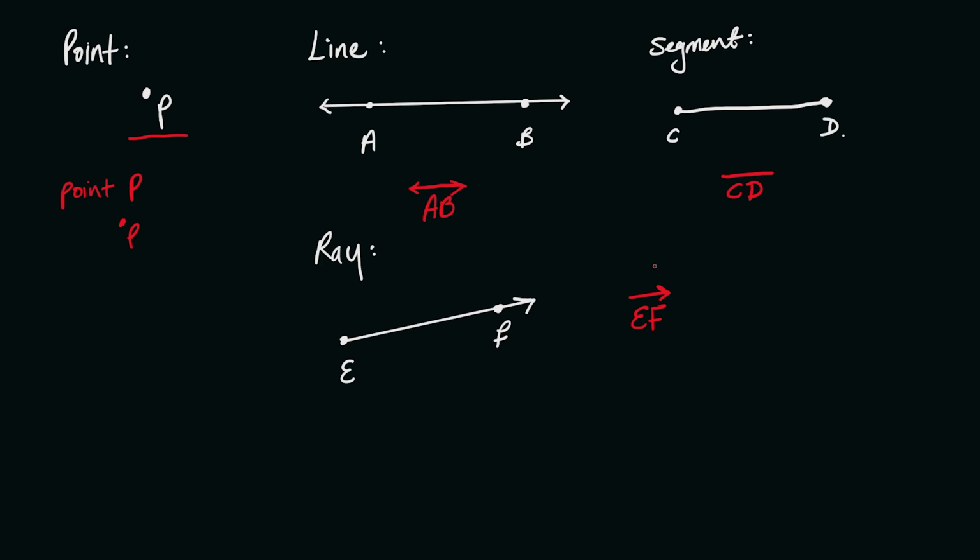Now, I'm going to give you some examples, and let's see if we can figure out if this is a point, a line, a segment, or a ray. So our first example is this. And also make sure that you write the notation for it as well. Our second one is this. Our third one.